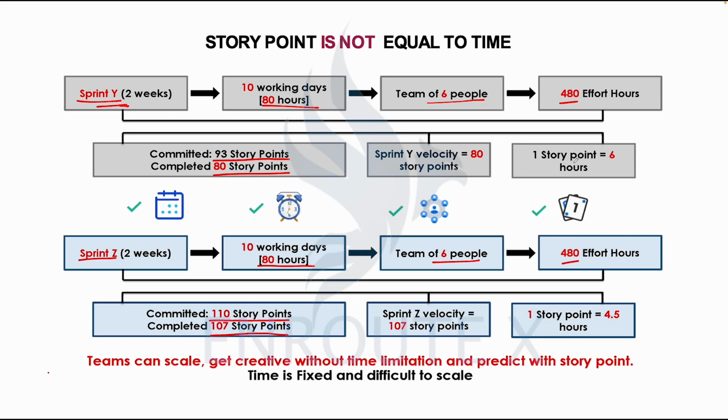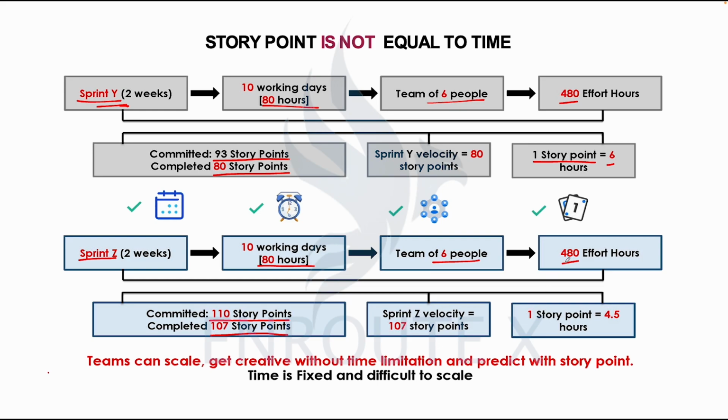So how long will it take them to deliver one story point? On sprint Y, it took them 6 hours to deliver one story point. And that is when we divided 480 by the 80 that they completed. 480 total hours available divided by 80 total points they completed gave us 6 hours for completing 1 point.